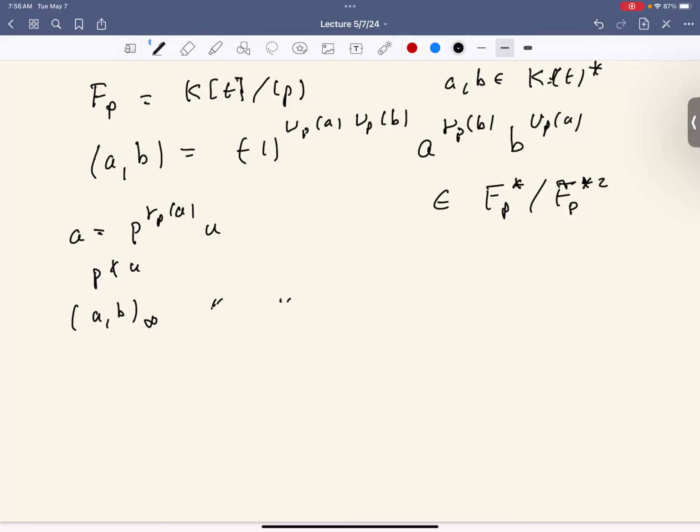And you have a product formula, and that's actually the same thing as Weil reciprocity over this simple function field. You can kind of imagine that because when you have this prime, you think of it as its zeros, it's giving you zeros of a polynomial.